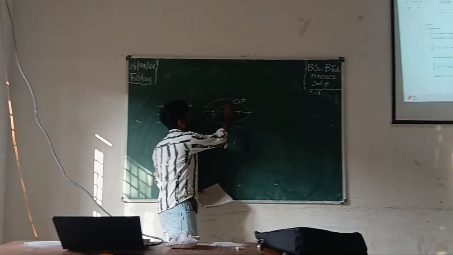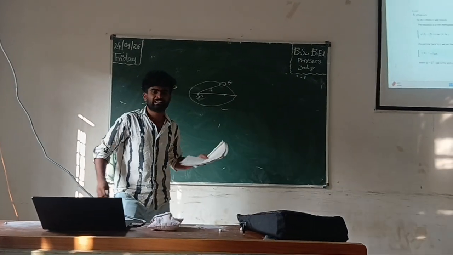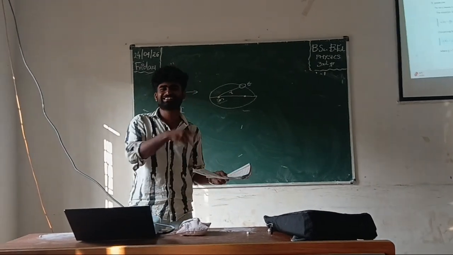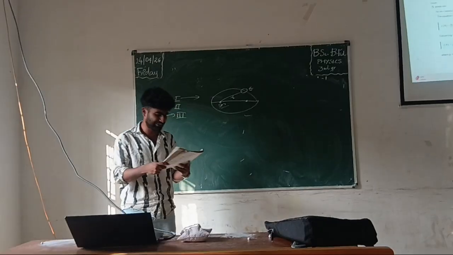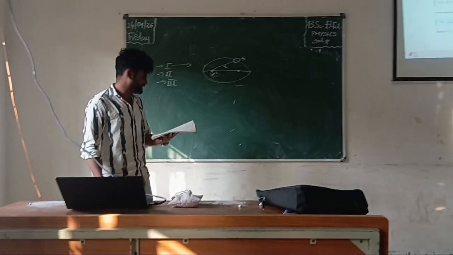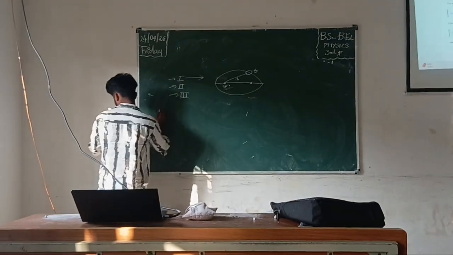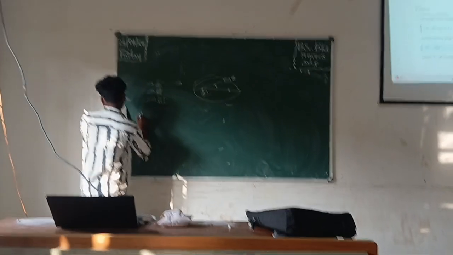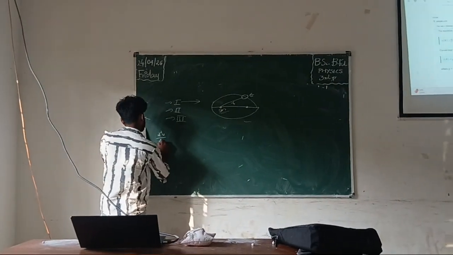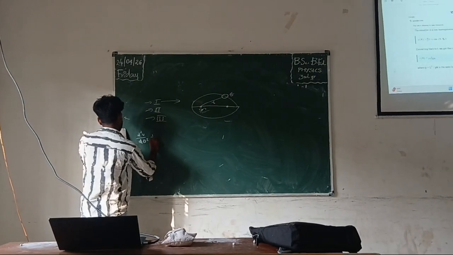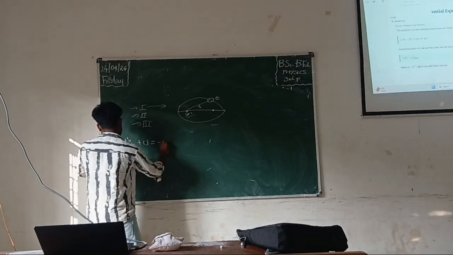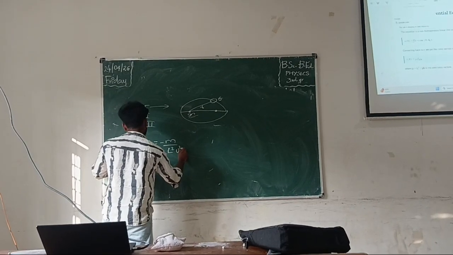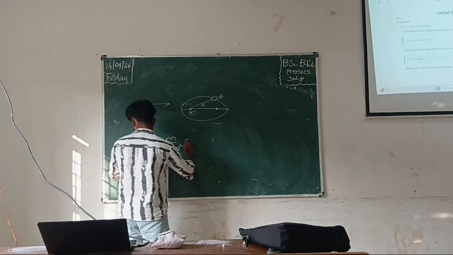This is the radius, and to know about the radius we want the equation of orbits. We know that the equation of orbit is d square u by d theta square plus u is equal to minus m by L square u square f of 1 by u.